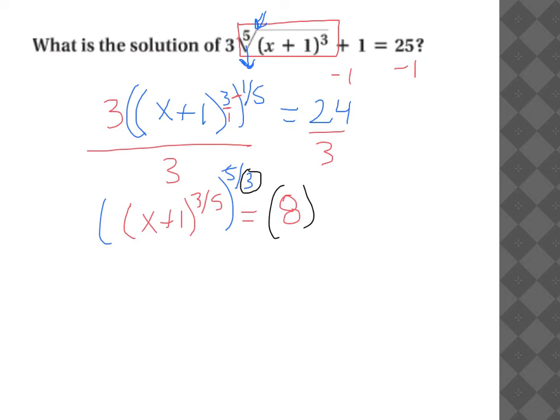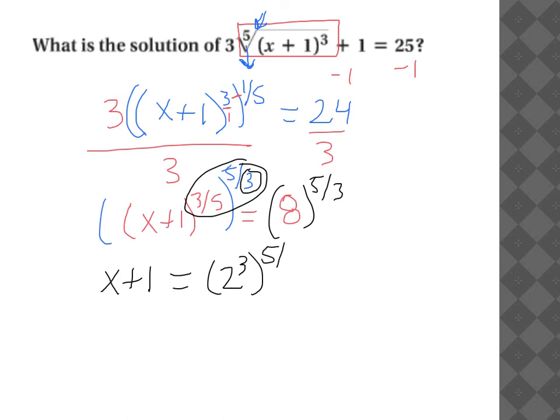So I'm going to multiply this side by 5/3. So on the left-hand side, I just have the x plus 1, because when I multiply these two together, I would get 1. And then 8 can be rewritten as 2 to the third, and I'm taking that to the 5/3.